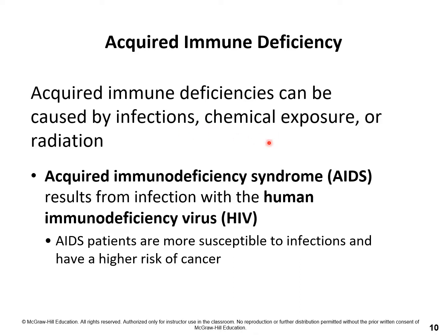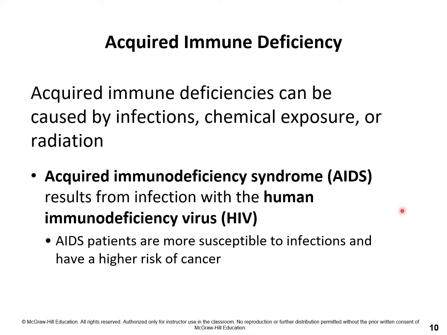Acquired immune deficiencies can be caused by infections with viruses, chemical exposure, or even radiation. Something that we're all familiar with is acquired immune deficiency syndrome, or AIDS, which results from an infection with the human immunodeficiency virus. These patients are more susceptible to infections and have a higher risk of cancer because their immune response is severely deficient.